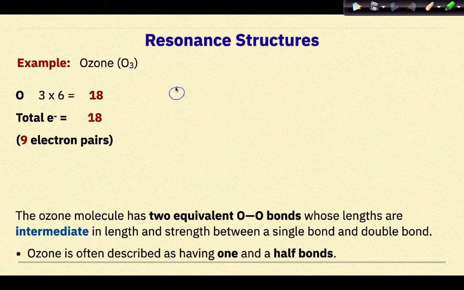1, 2, 3. Now, I have 2 electron pairs that have been used up and 9 electron pairs to work with. So 7 electron pairs to distribute between these 3 oxygens. I'm going to do what I've normally done, thinking that this oxygen is my central atom, and I'm going to use a straight line to represent a non-bonding electron pair.